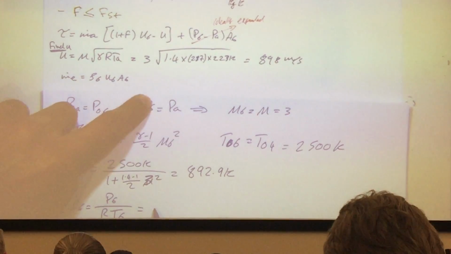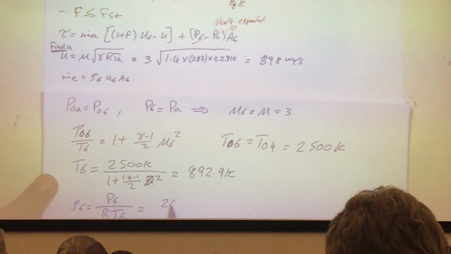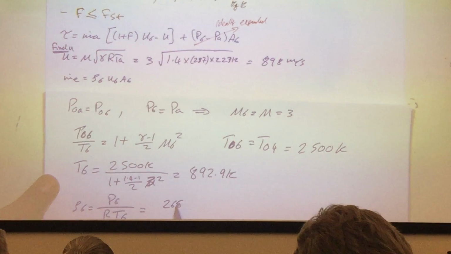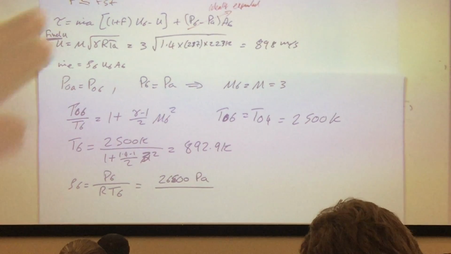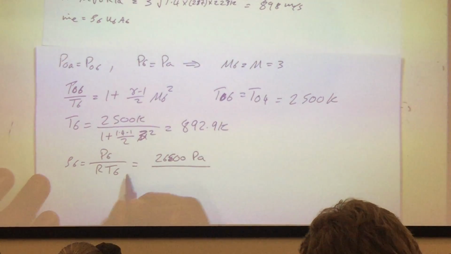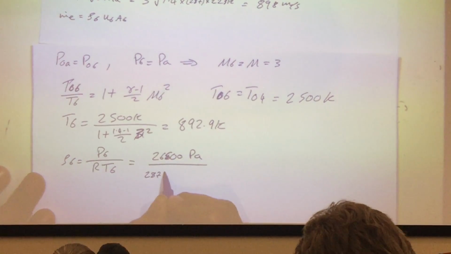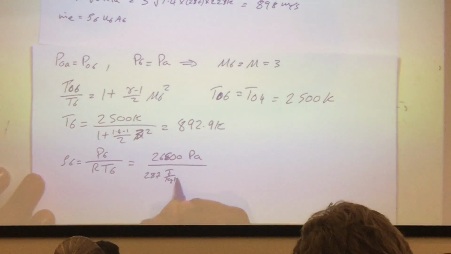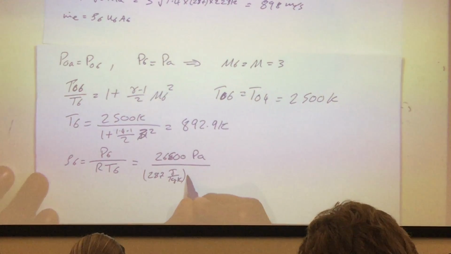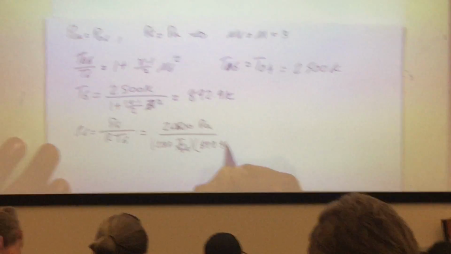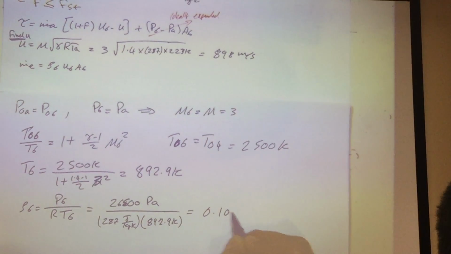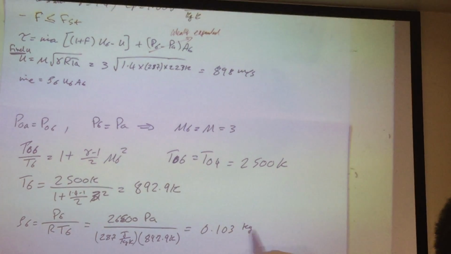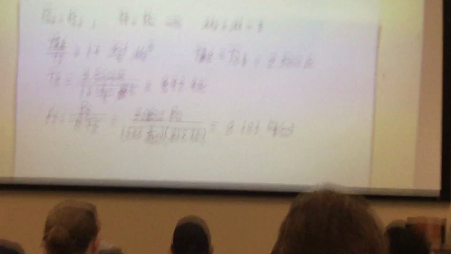Well, P6 is equal to P ambient, so I already know that one is 500 pascals divided by 287 joules per kilogram Kelvin multiplied by 892.9 Kelvin. So from that, we get 0.103 kilograms per meter cubed.